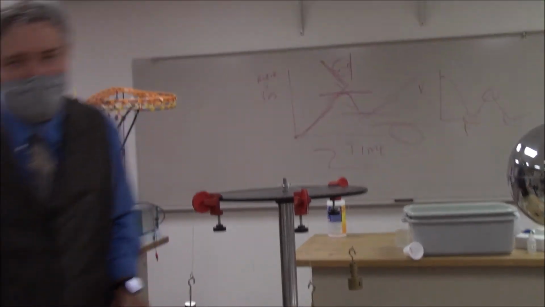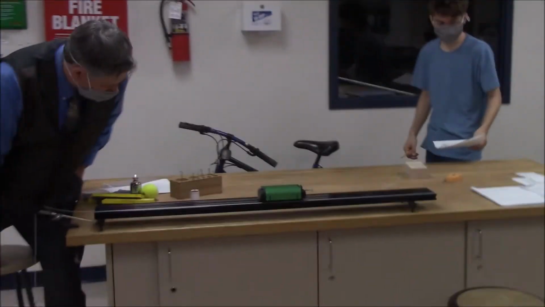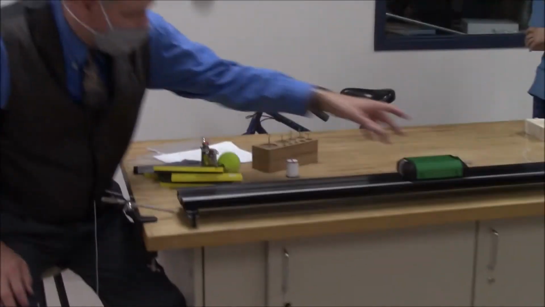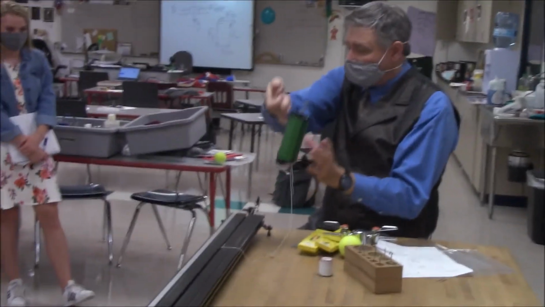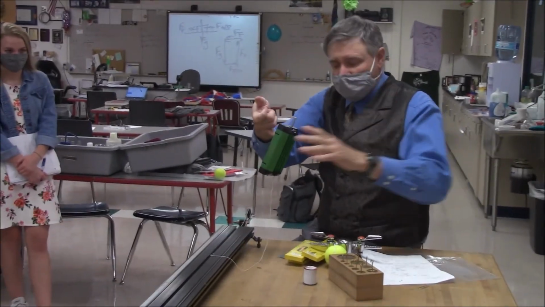All right. Now, here's what's going to be the most complicated one. Watch out. So, what you need to do is find the weight of this cart. You have your handy-dandy Newton scale, hang it up, get the weight of the cart. Just hook it in, suspend it like that, that's the weight of the cart.